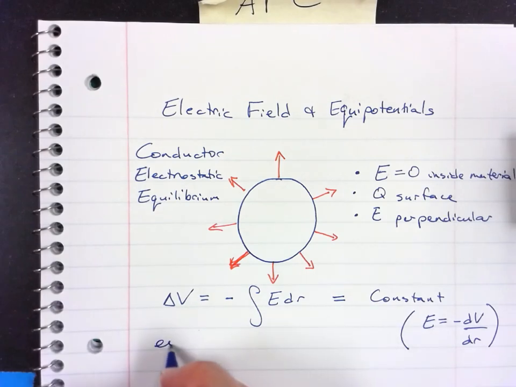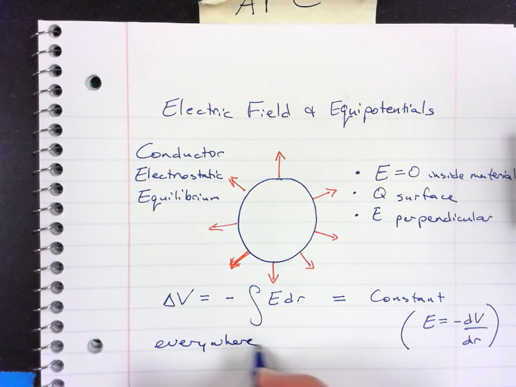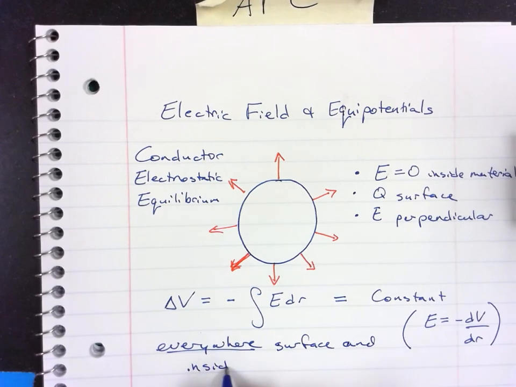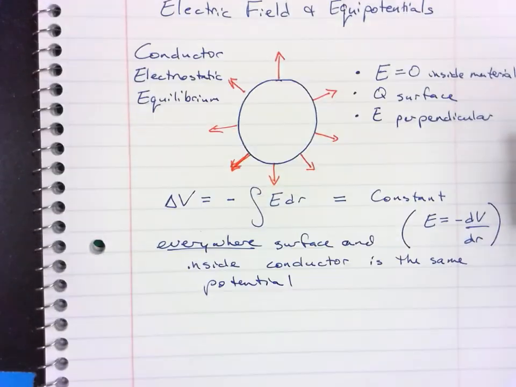So everywhere on the surface and inside the conductor is the same potential. Everywhere is at the exact same potential.